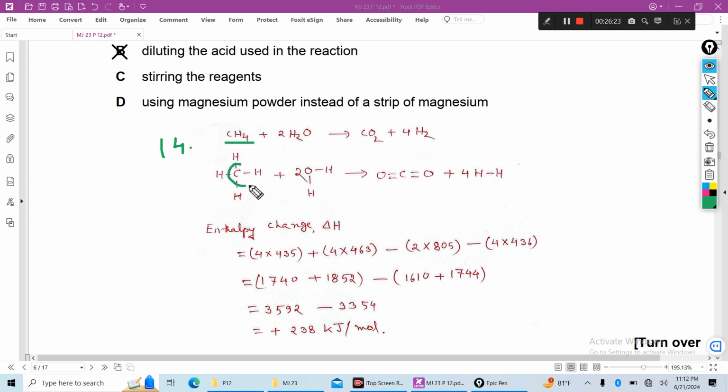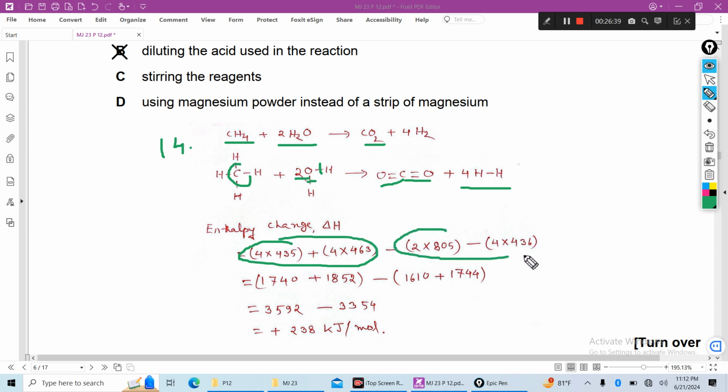Methane 4 CH bonds, 2 moles of water, 1 times 2, 4 OH bonds, carbon dioxide 2 carbon oxygen double bonds, hydrogen 4 hydrogen bonds. So bond broken minus bond formed, you get these values.